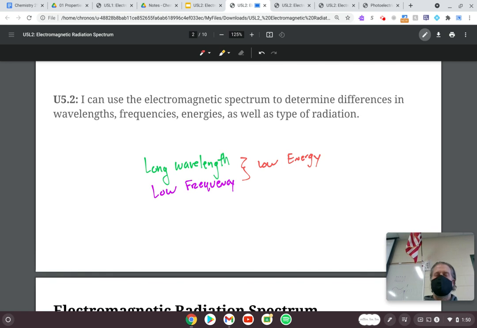And then we said that if a wave has a short wavelength and high frequency, it would tend to have high energy. So that's basically the opposite.